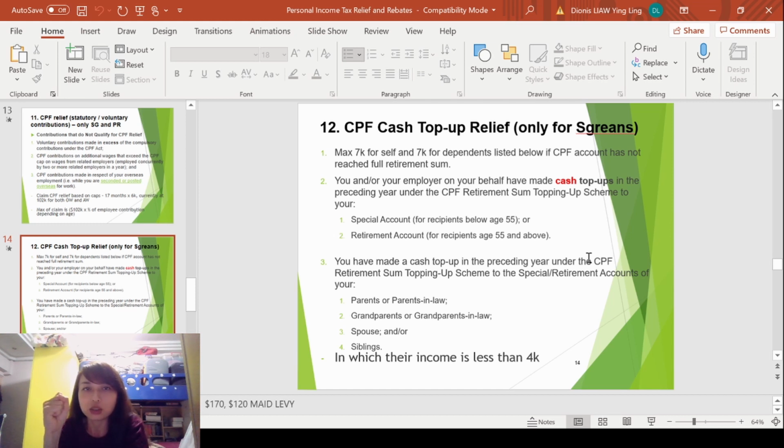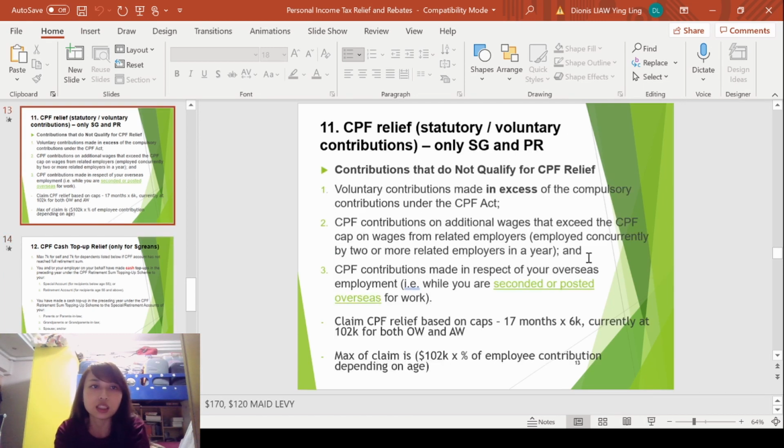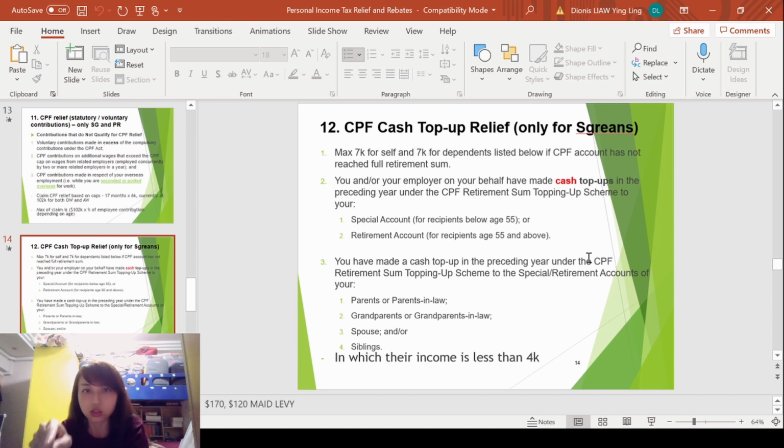So this is an additional 14K tax relief that you can get if you make this CPF cash top-up. This is even if you exceeded the CPF relief I mentioned just now, this is in addition. You can continue to claim relief for this. Okay.